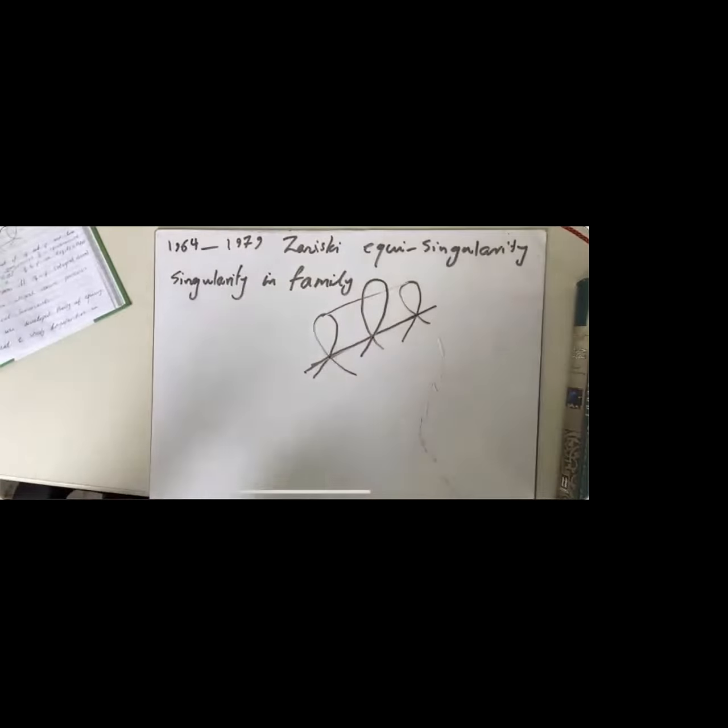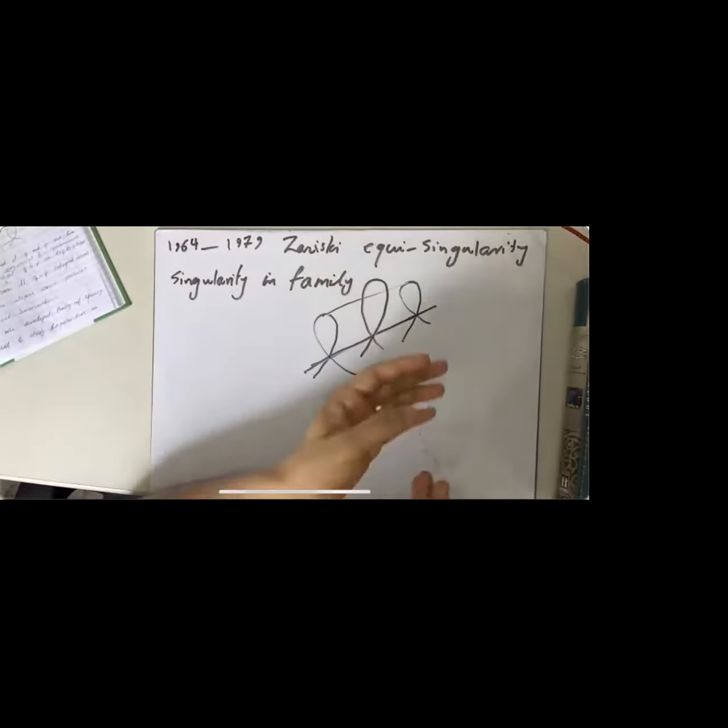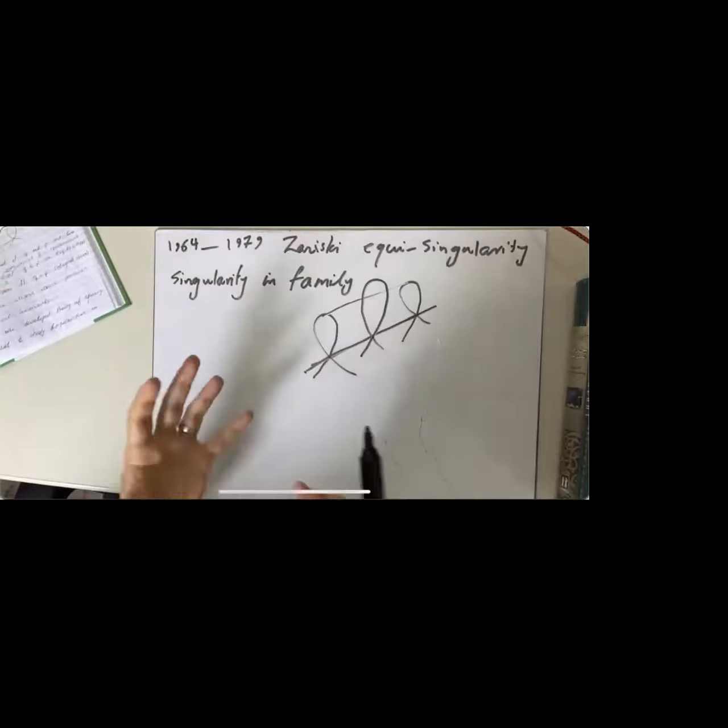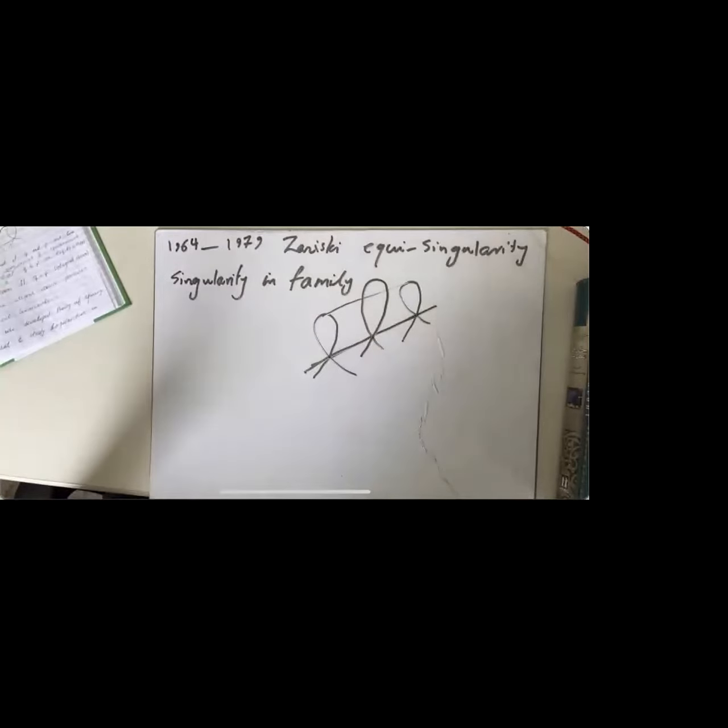So the idea of equisingularity appeared, and it requires understanding what type of invariant can measure singularities in a family. So how can we say that these singularities are the same, are similar, and how can we consider all of them as similar singularities?